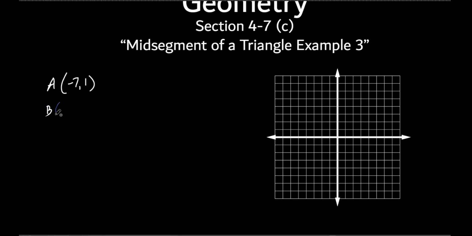B is 1, -5. And C is 7, 3. Okay? So go ahead and plot those and make a triangle out of it. You do it yourself, all right? And then I'll do it in a second, because I want to check out what this book says example 1 is.